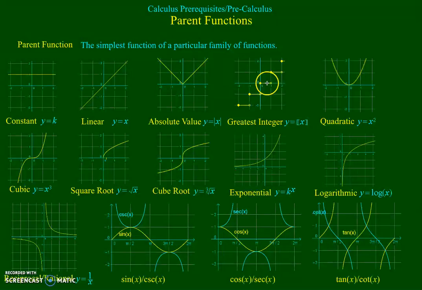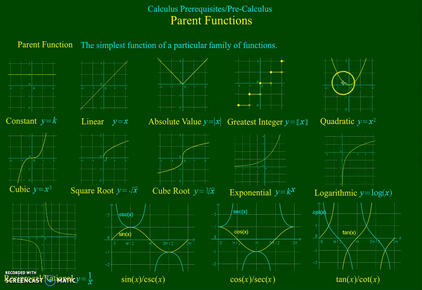As soon as you get to 1, the y value jumps to 1. Then the y value is always 1 no matter what x is between 1 and 2. As soon as you get to x is 2, it jumps up to the next, and so on and so forth. Think of this as a quantum type function where it only exists in jumps, not in between these values. So that's greatest integer.